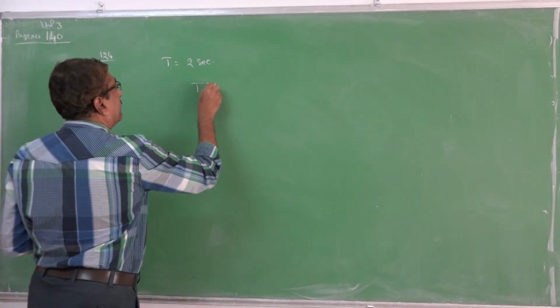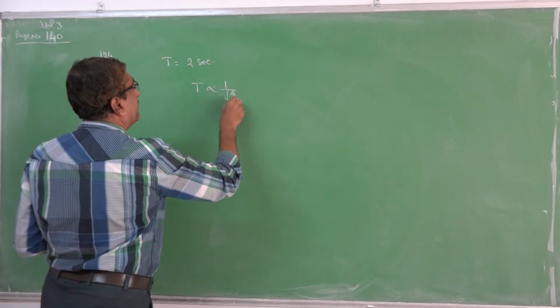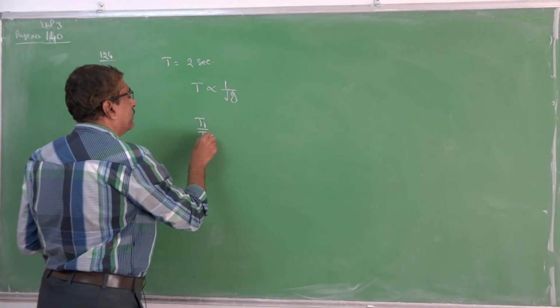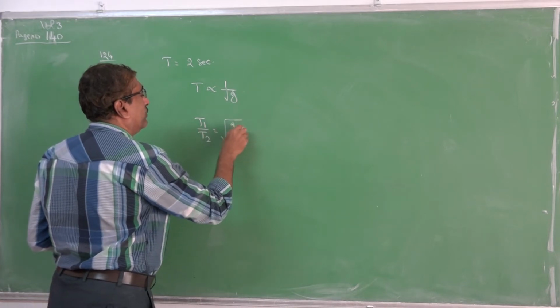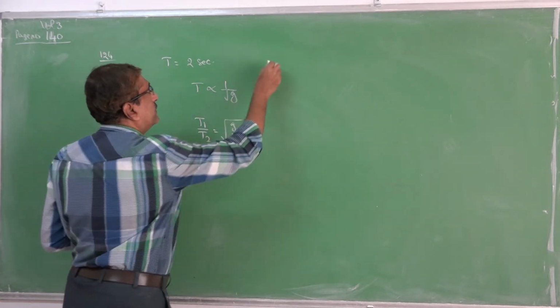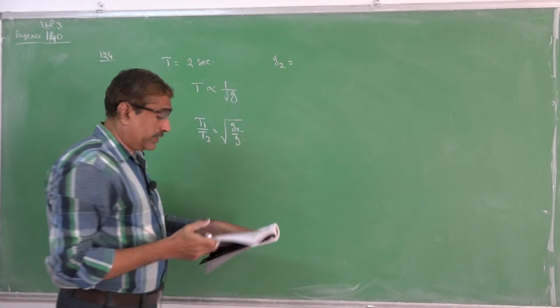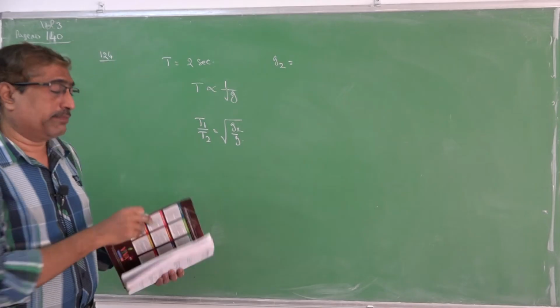So T is proportional to 1 by root g. Okay, so T1 by T2 is equal to square root of g2 by g1. But g2 is the value at a depth of 1/4.